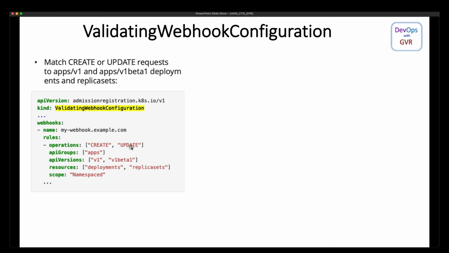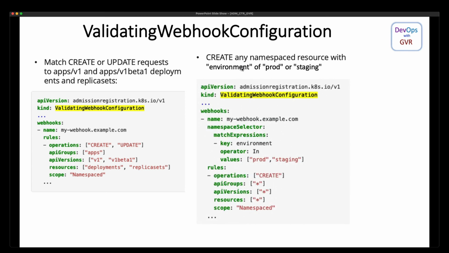whenever you create and update deployments or replicas in apps v1, apps v2, you can apply the validation. Here is basically another validation controller, a little bit extended compared to this example.